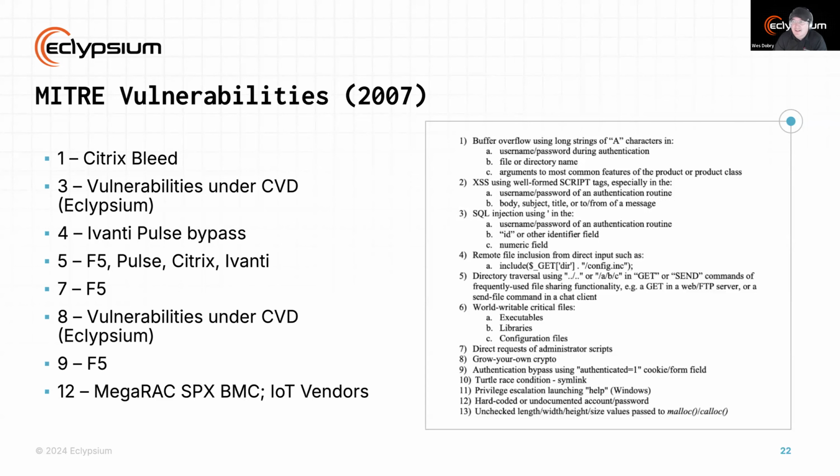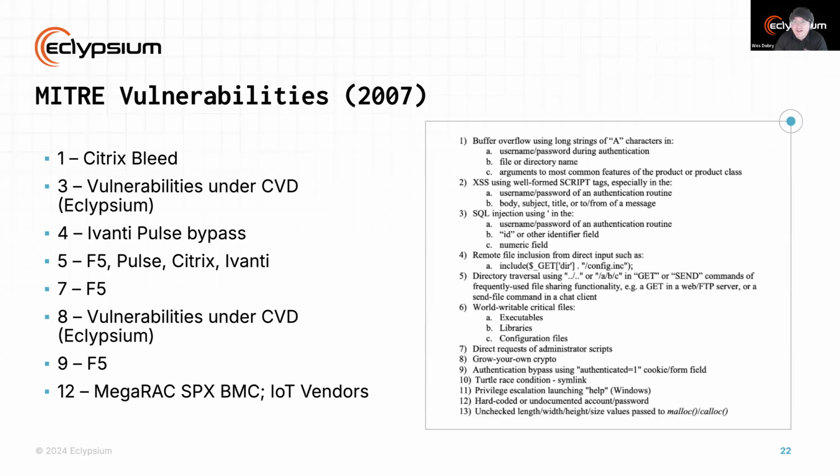When we look at things like number 3 here around the vulnerabilities under CVD, we have scenarios where common vulnerabilities should, again, never be detected. Things like SQL injections or host header bypasses, those types of things. Again, not things that should ever make it out into the public.